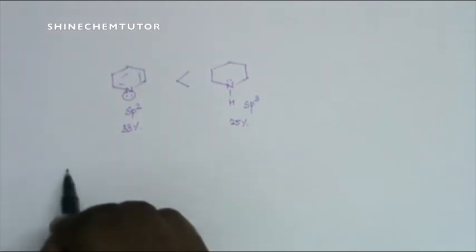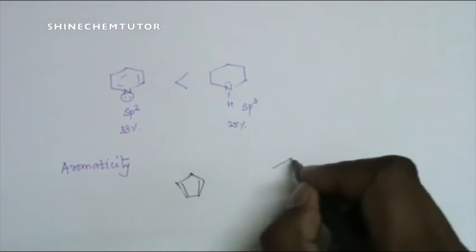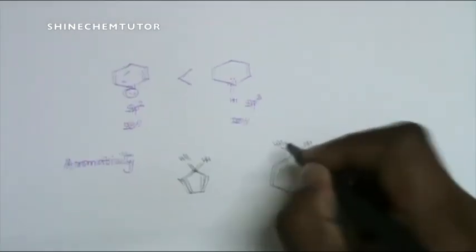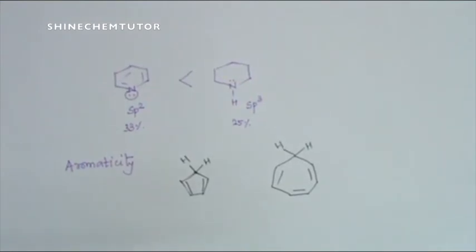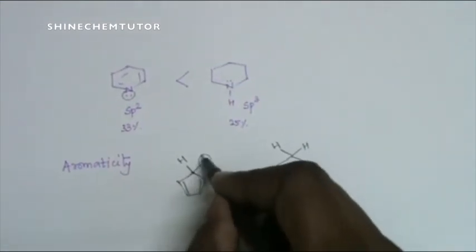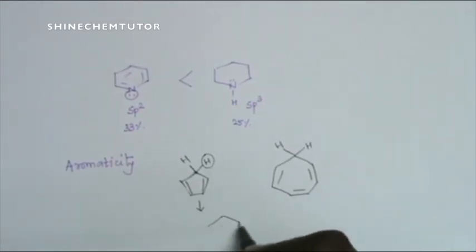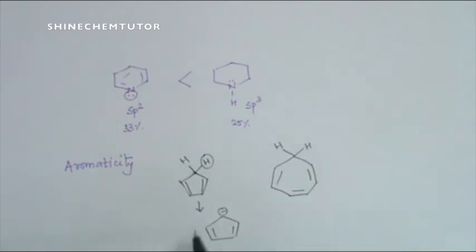The next point is aromaticity. Consider these two compounds. When I abstract this proton, what I get is the cyclopentadienyl anion. This particular species is aromatic.